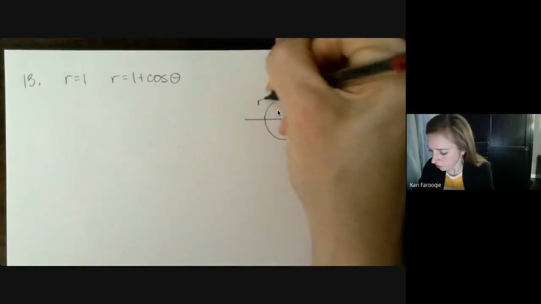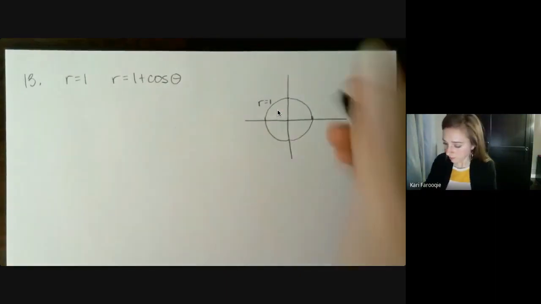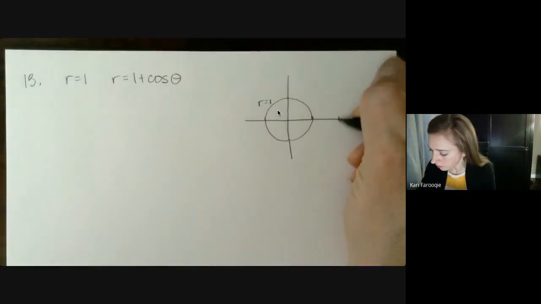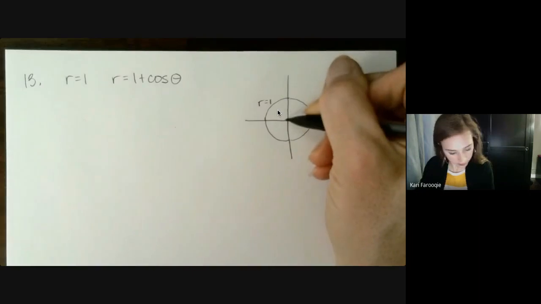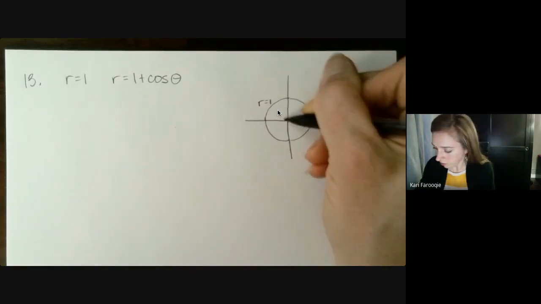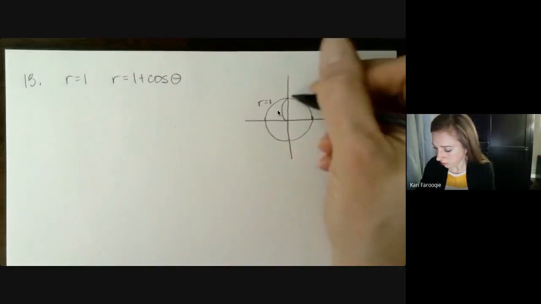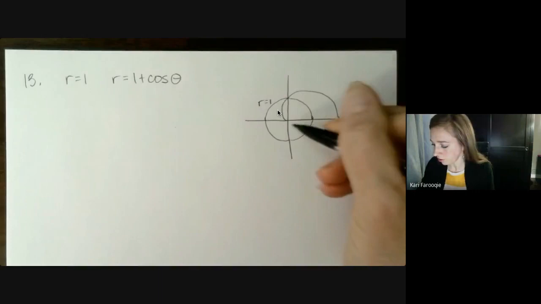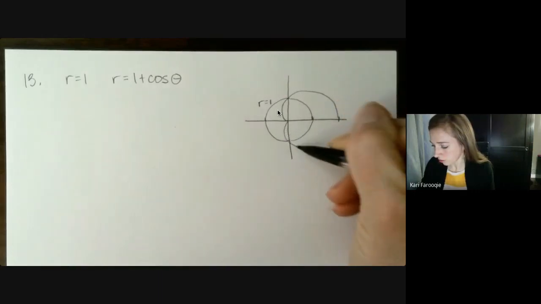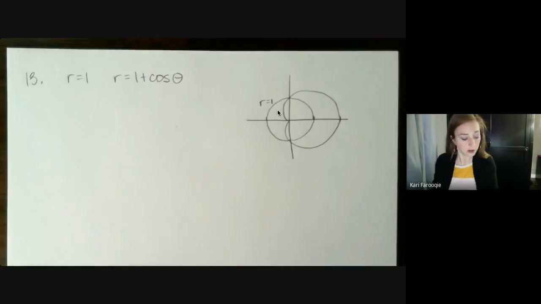Okay, so there's r equals 1. And then the 1 plus the cosine of theta goes out this way. And then you'll see it does this loop up here and goes around. My cardioids are terrible. My apologies. That one wasn't too bad.